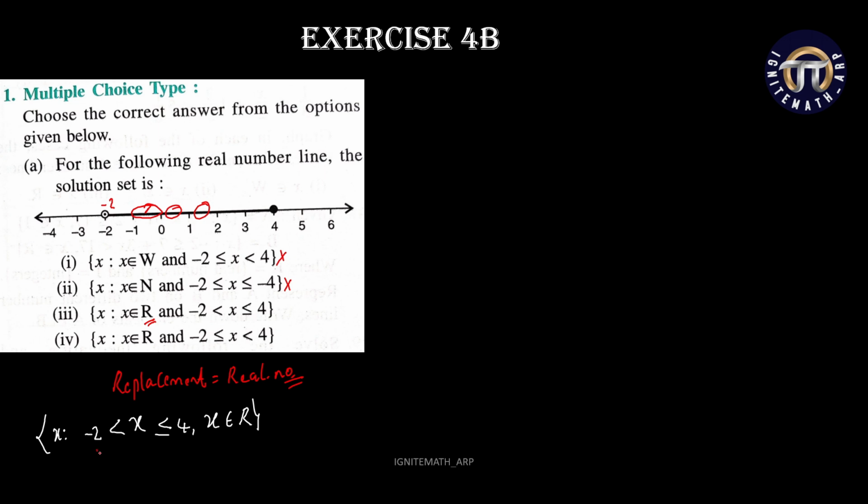Does it match with this? Yes or no? Yes, this is the right option. Understood? I cannot go with this option because they are telling that x is greater than or equal to minus 2, but in the figure, the minus 2 circle is not darkened. So the third is the right option.